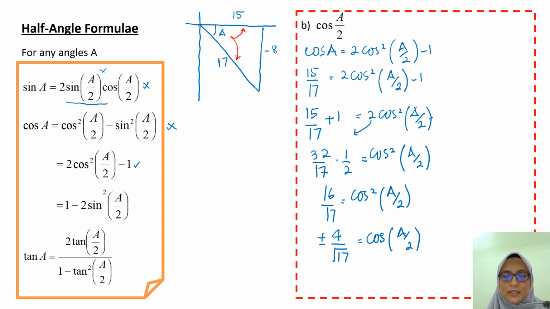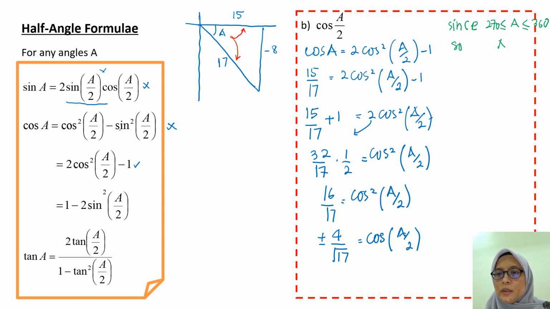Okay, so to decide, we have to refer back to the original angle. Since A is an angle between 270 to 360, because A is in the fourth quadrant, it means its interval is 270 to 360. So this is A, and we want to find A over 2.